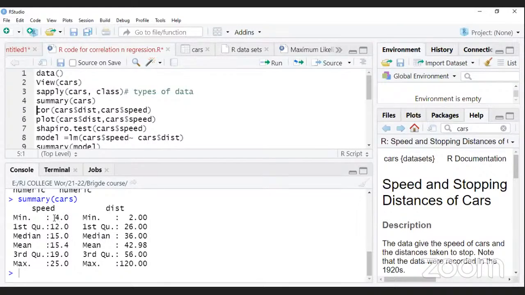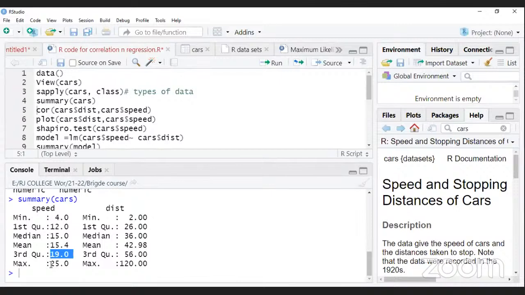If you look at this data, speed: minimum speed is 4, first quartile is 12, which means 25% of observations are below 12. Similarly, the third quartile means 75% of the data is below it, or 25% of the data is above it.